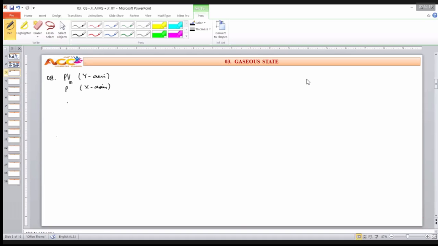Find the intercept along the y-axis. Along the y-axis is asked. Okay, no problem.